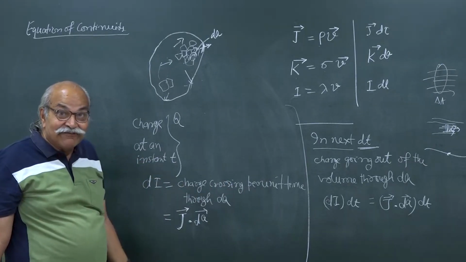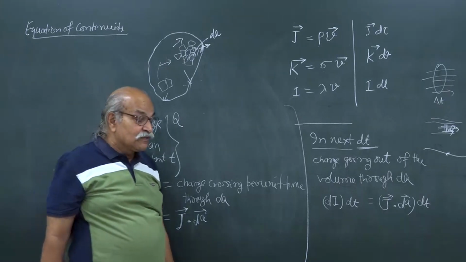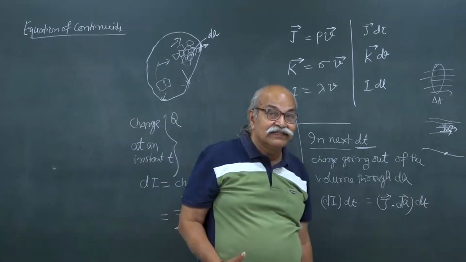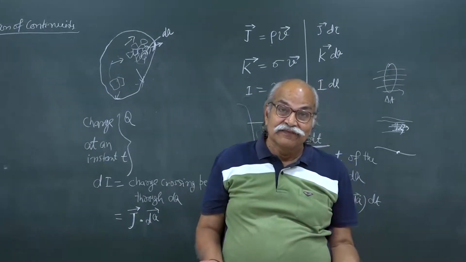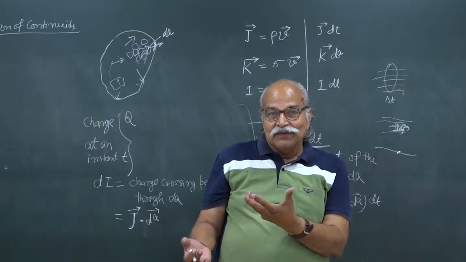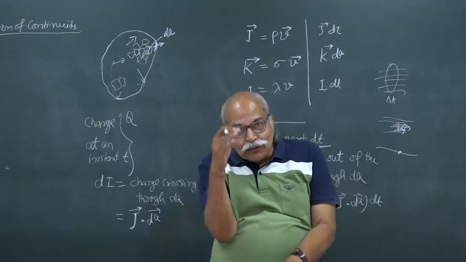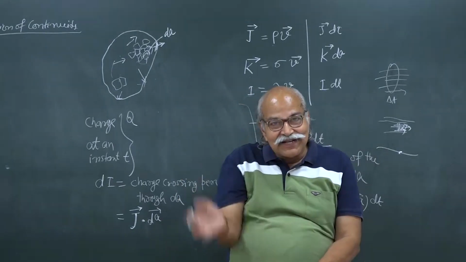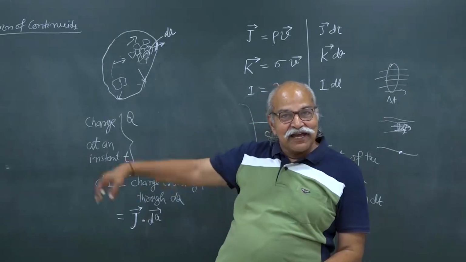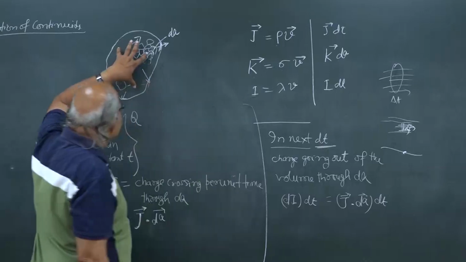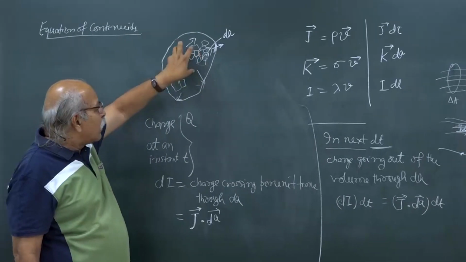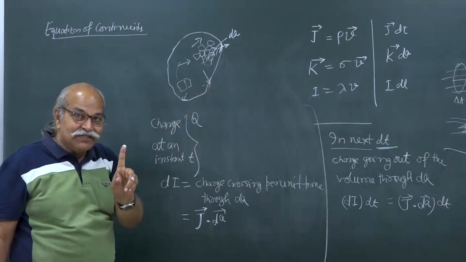What does this give? This gives me the total charge that has gone out from this volume. Charges will go only through the surface, and if I have considered the entire surface, it will be the total charge which has gone out of this volume in time dt.